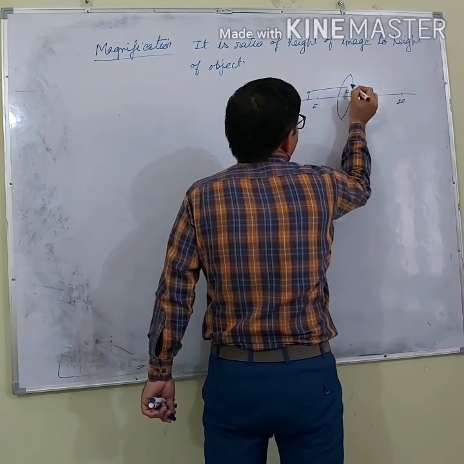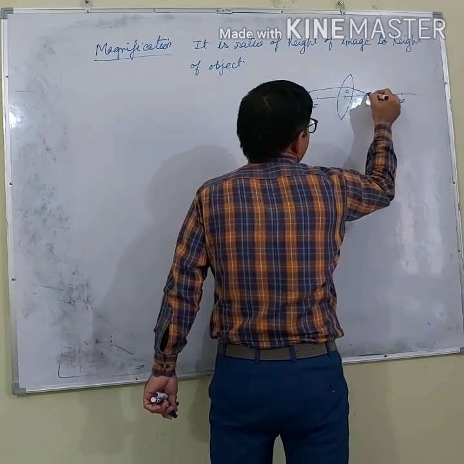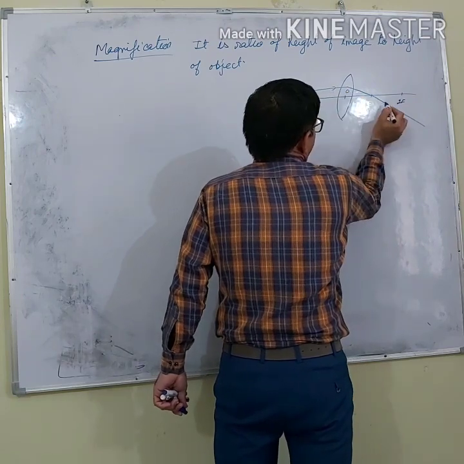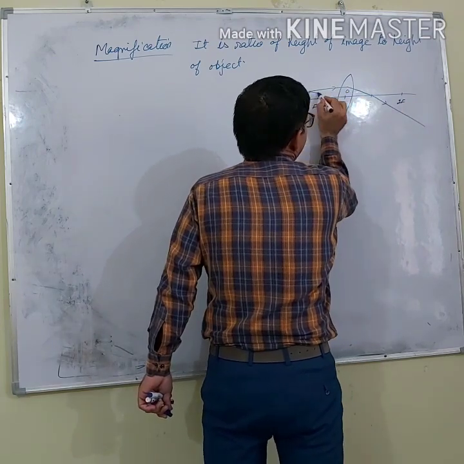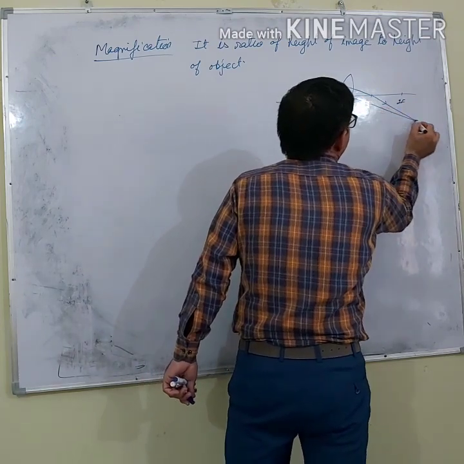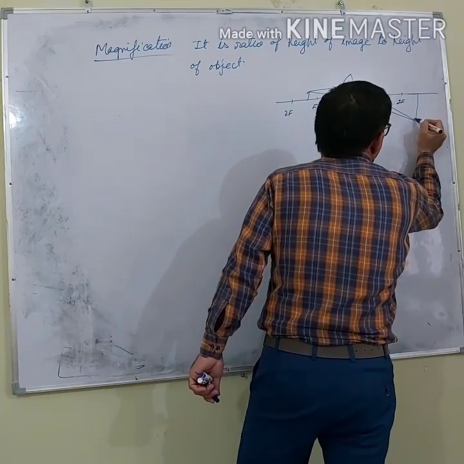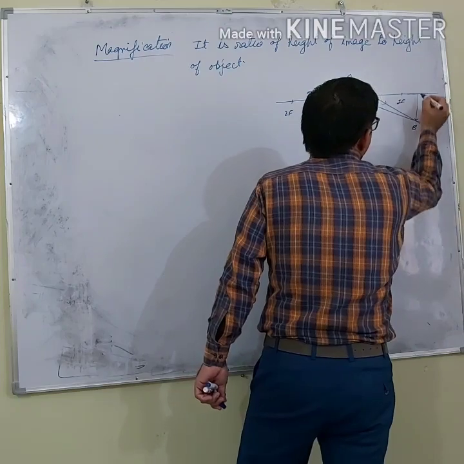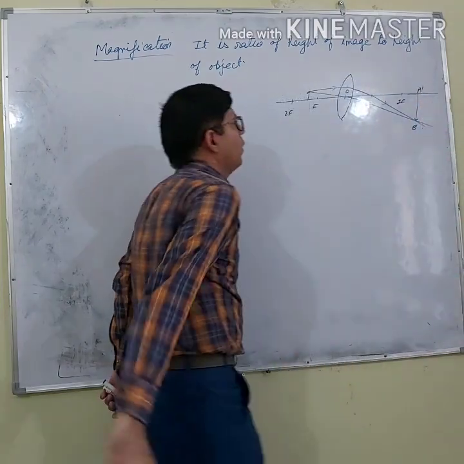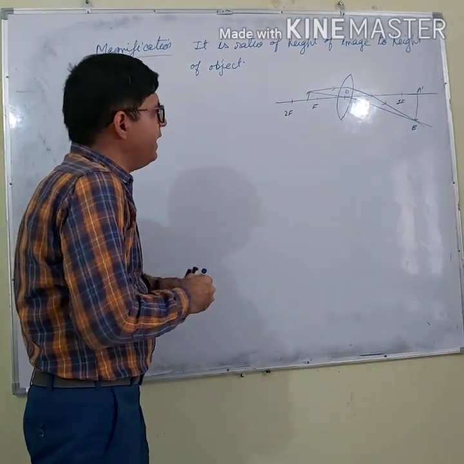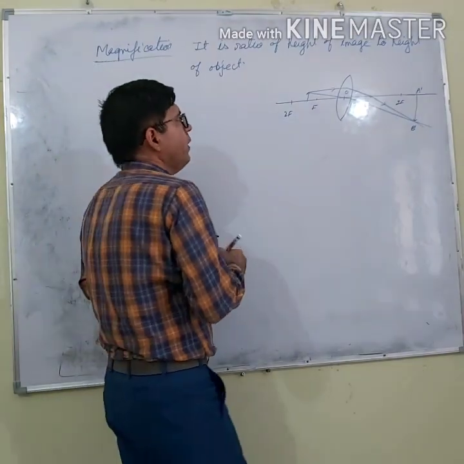Let us say one ray will pass through the focus, and the second ray passes through the optical center, and there these rays are meeting. Definitely the image is formed here. Now the object here is AB.